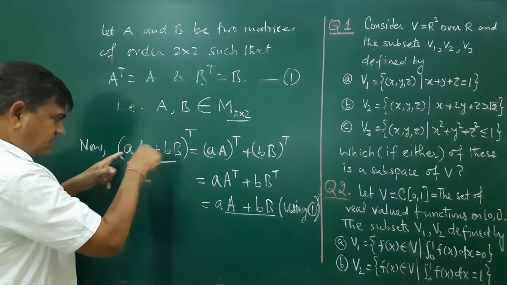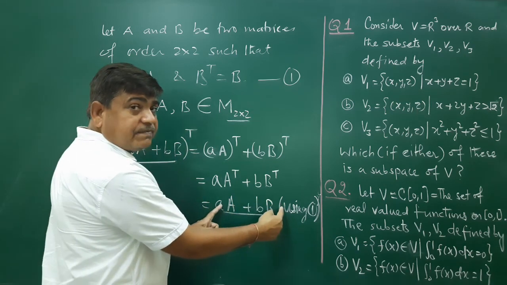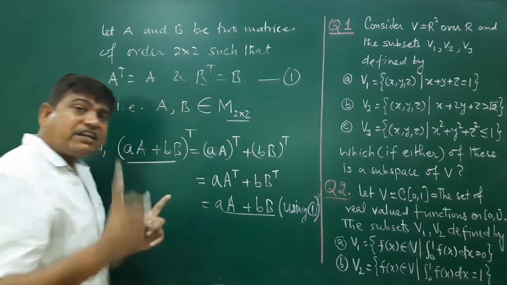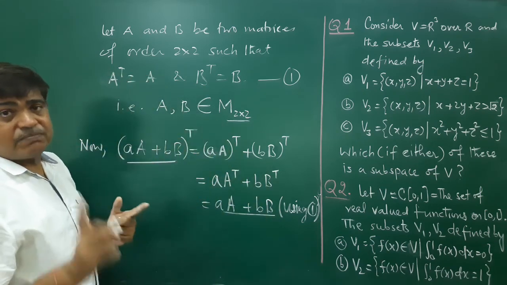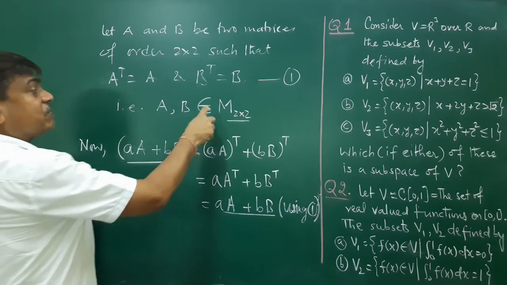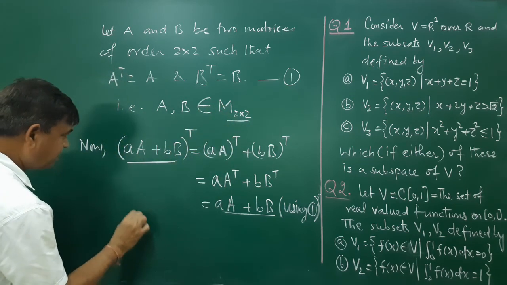Suppose this is P, so transpose of P equals P. If transpose of P is equal to P, that means P is a symmetric matrix, and if P is a symmetric matrix, then it must be a member of this particular set.